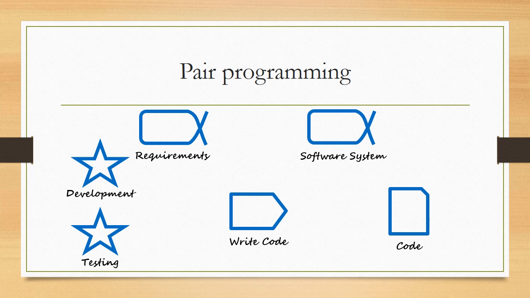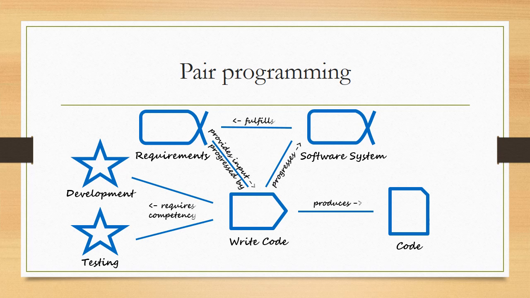Now that we have all the elements here, we'll link them together. So, in order to write code, a programmer would need two competencies, which are development and testing. Writing code takes input from the requirements, which basically tells us what to do.